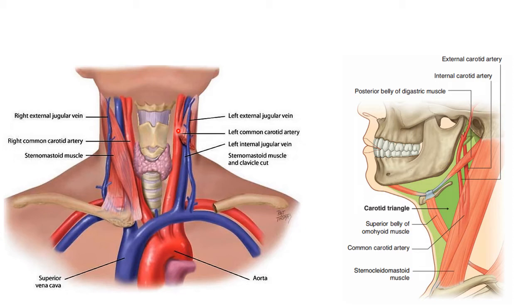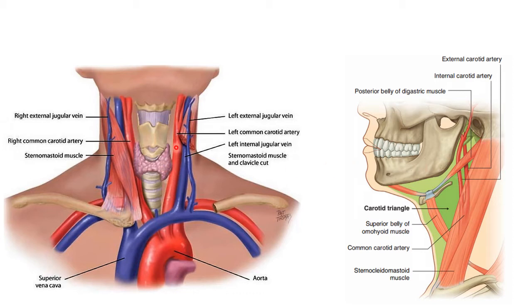The superior part of each common carotid artery and its division into the external carotid artery and internal carotid artery occur in the carotid triangle. This is the carotid triangle and this is the common carotid artery and its division into external and internal carotid arteries.